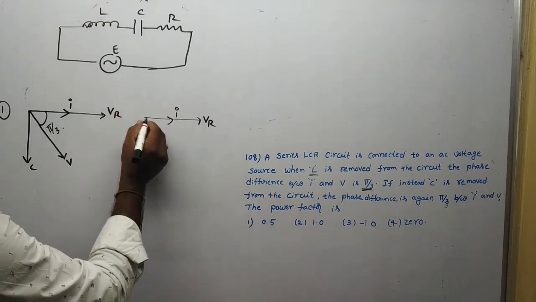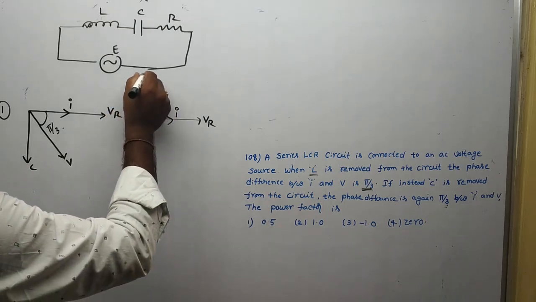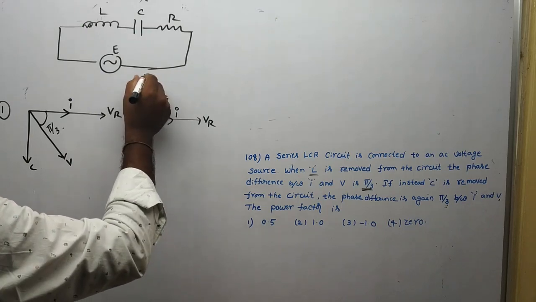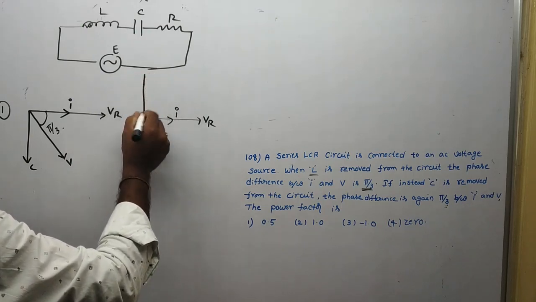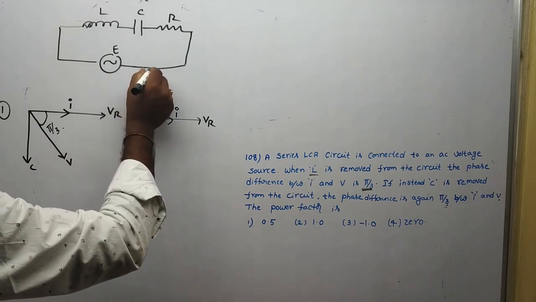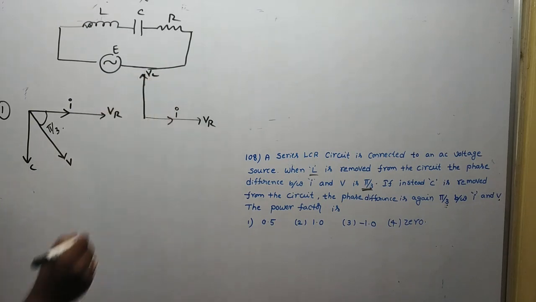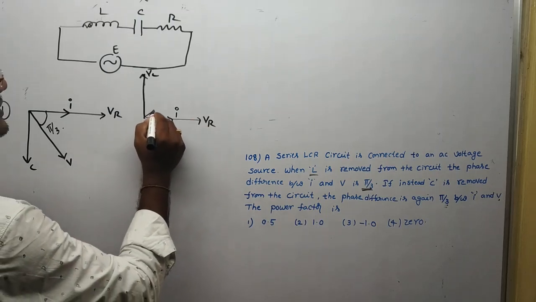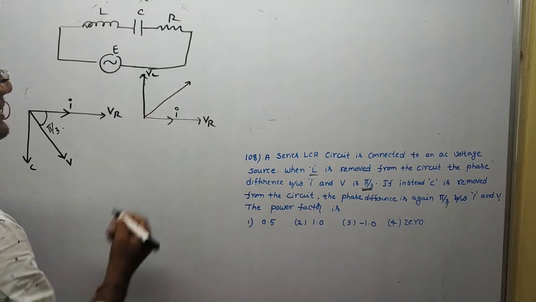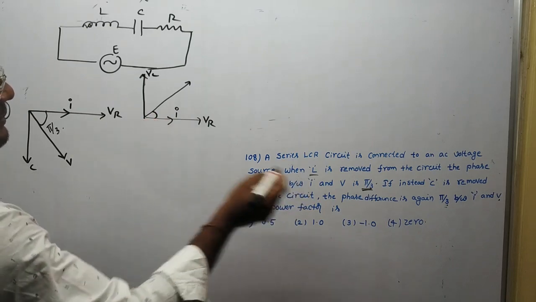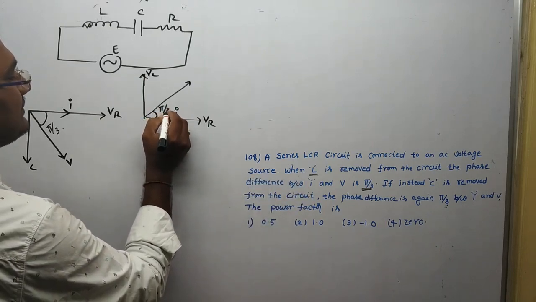That means this is the VL, which is the resultant voltage. Again there is a pi by 3 phase difference.